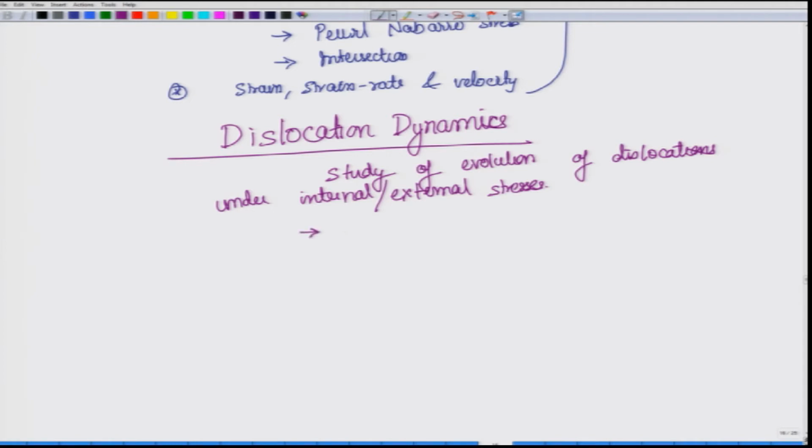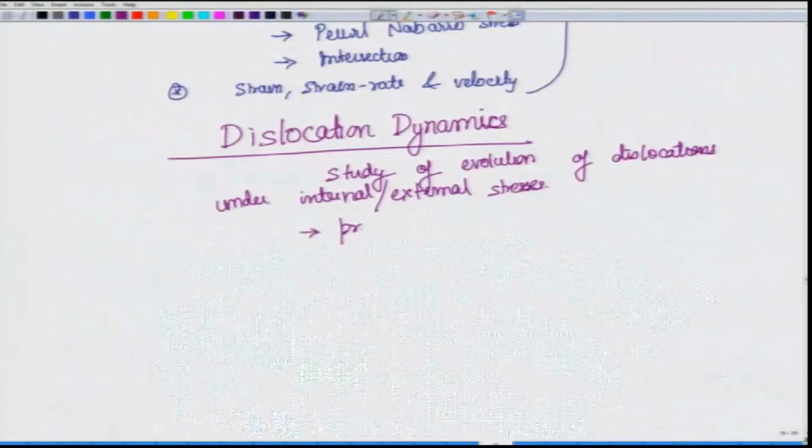If we know all the values, that is stress, strain, Peierls-Nabarro stress, velocity, strain rate, all these concepts we have, then using the information about dislocations we should be able to predict phenomena like pile up.